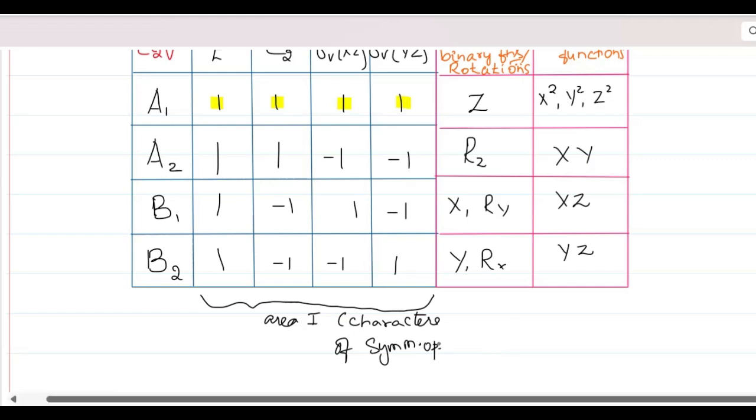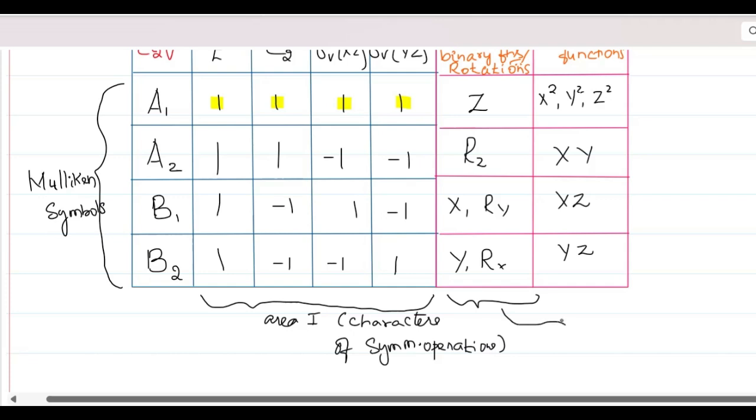Irreducible representations, which are designated by Mulliken symbols. And here this is the Cartesian coordinates of rotational axis.